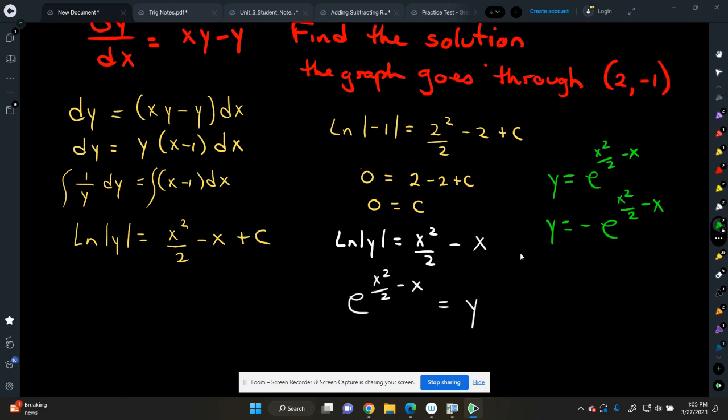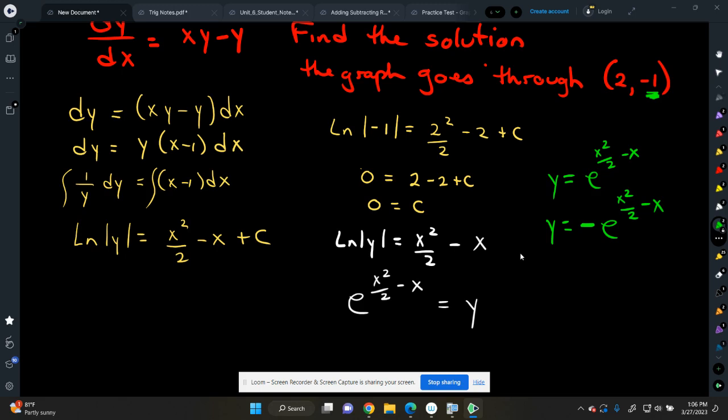The second one, because the y is negative. There's no way I'm going to raise e to a power and get a negative number unless there's a negative in front. You can't raise a number to some power and get a negative answer unless that number is negative to start with. Okay?